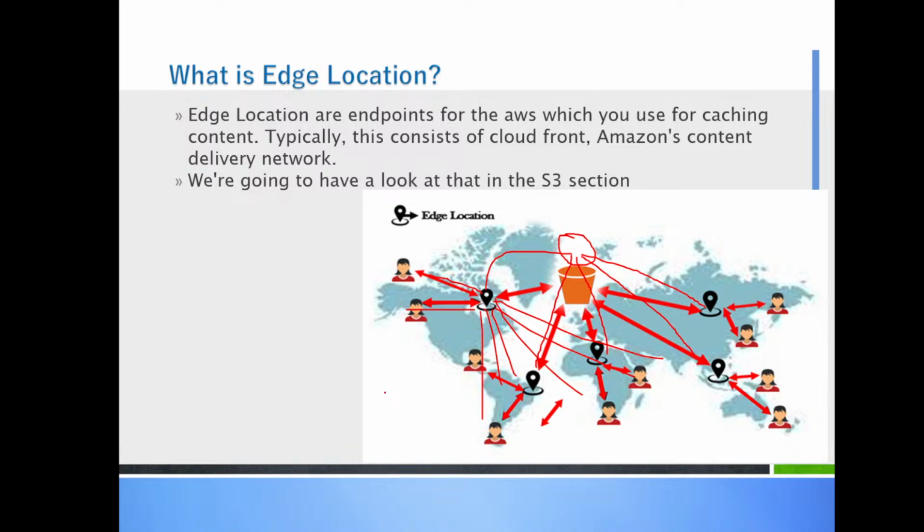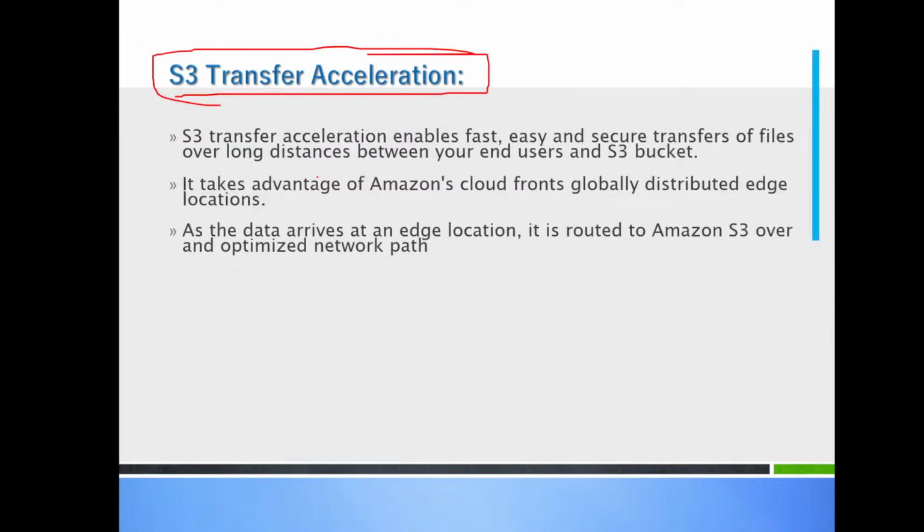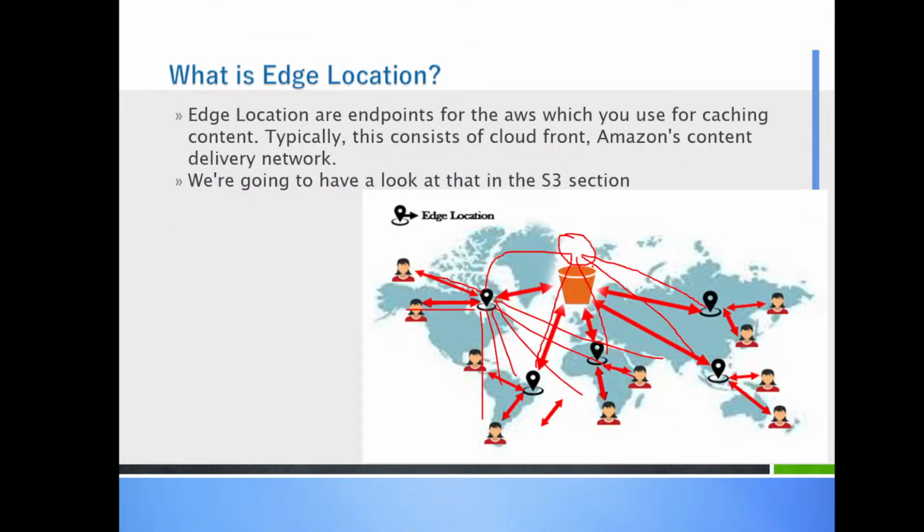Similarly, S3 transfer acceleration works. S3 transfer acceleration enables fast, easy and secure transfer of files over long distances between you and your bucket. The same feature is available for S3 as well, that's why I have given a photo of S3.